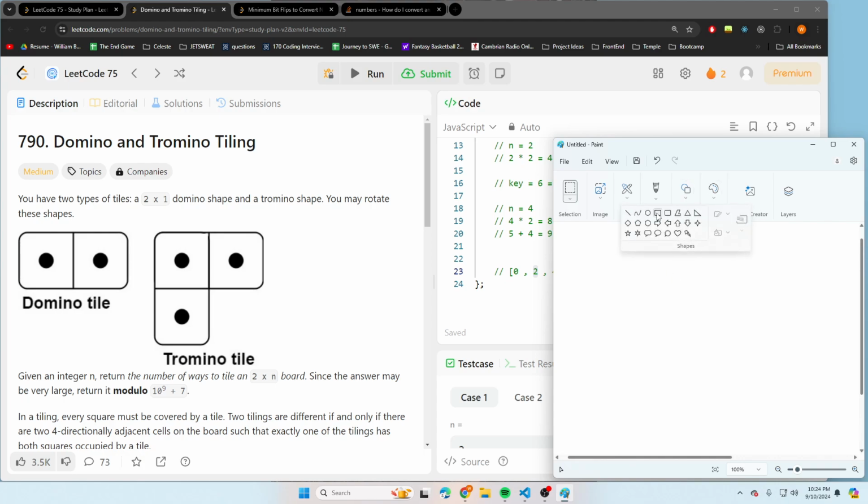And it shapes. So this is domino. Let me see. Can I make the domino? So this is domino.